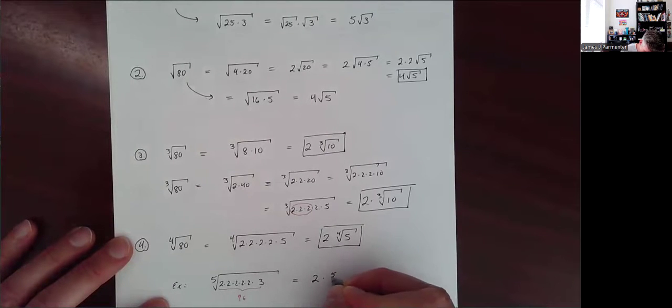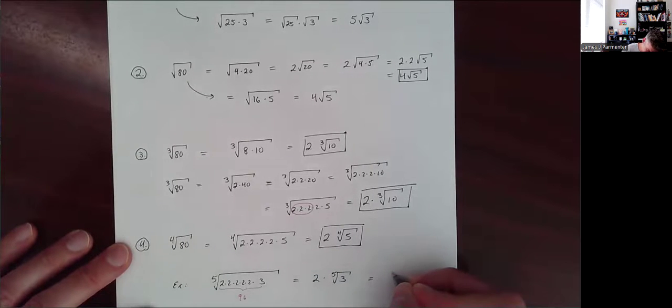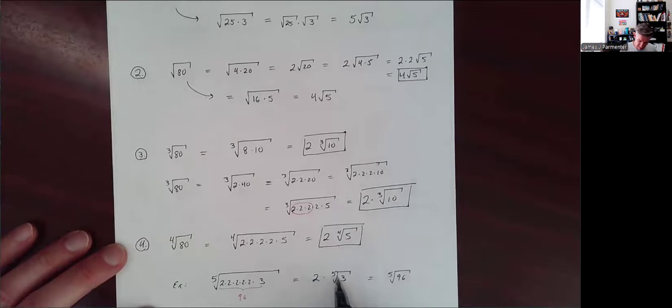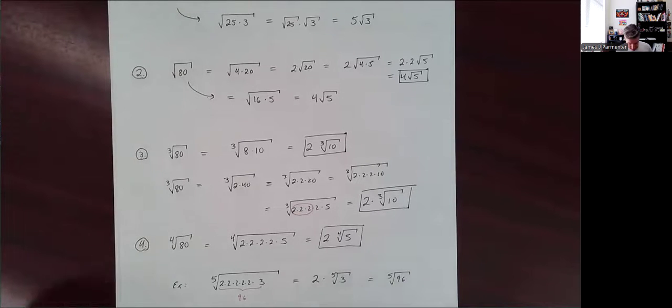And then you're still left with the fifth root of 3. So the fifth root of 96, I didn't start with that, but that's how you can write it, is equal or simplified as 2 times the fifth root of 3. You just need that many twos to pull out one of them. I should point out, because some people get confused with this, the 5 twos in the fifth root come out as one 2, not in the fifth root.